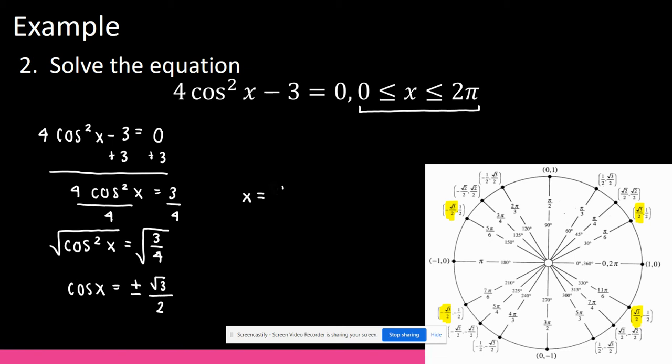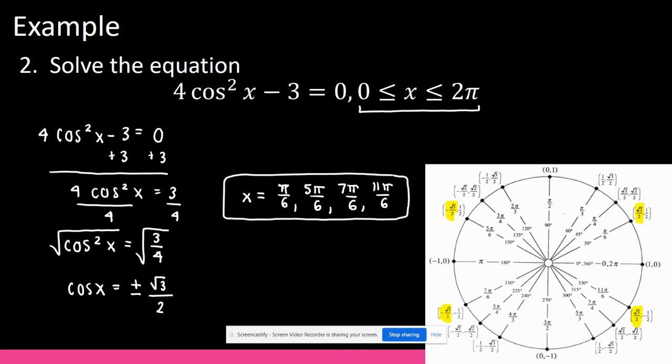We're going to have it at pi over 6, at 5 pi over 6, at 7 pi over 6, and at 11 pi over 6. And so these would be my solutions because they're all within that one restriction of just one rotation around the unit circle.